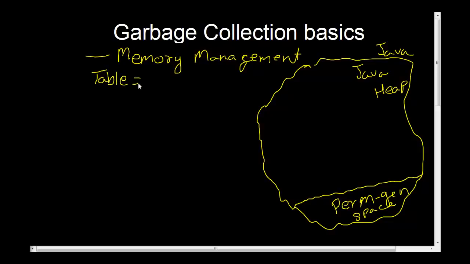So I do table A equals new table. This will create, as we have already covered, a reference of type table, and this reference points to a real table object which is in the Java memory.